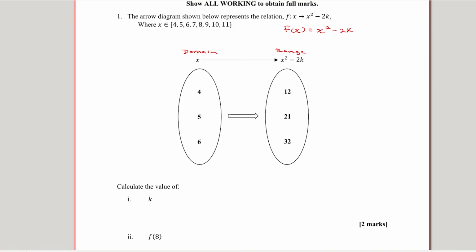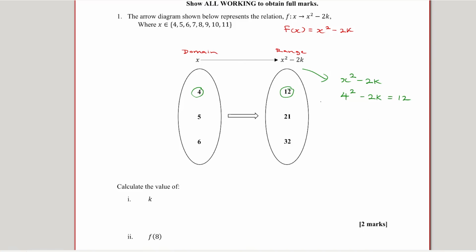So for example, this is defined by the function x squared minus 2k. What it is saying is that if we take the 4 and replace the x, that would be 4 squared, then we subtract 2k, and the result is going to be 12.